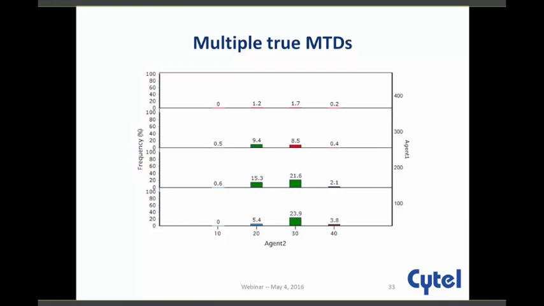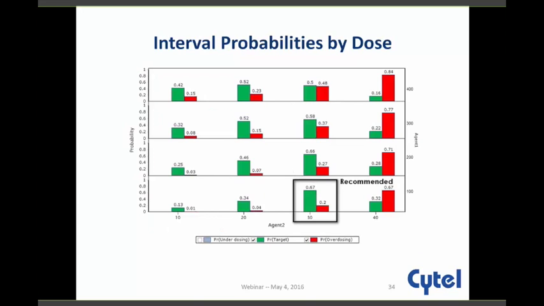When you want to make a decision on which dose level or which dose combination is going to be the one that's recommended for the next phase, you will base that again on the interval probabilities by dose display. Only now we'll have a matrix of such displays. So again, you will want to control the probability of overdosing. So constrain yourself only to the dose combinations that have such a probability below 25%, or whatever the threshold is going to be.